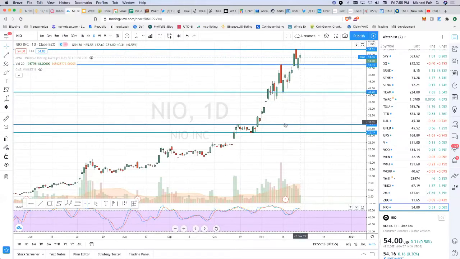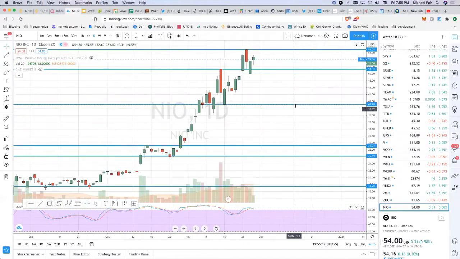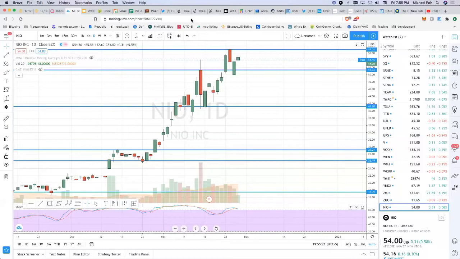So, just drawing a quick support and resistance on this Neo. You can see here on this chart that right now you had a support area at 56. You had another support.